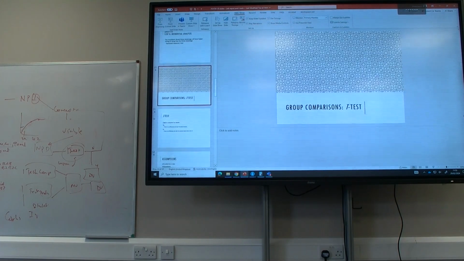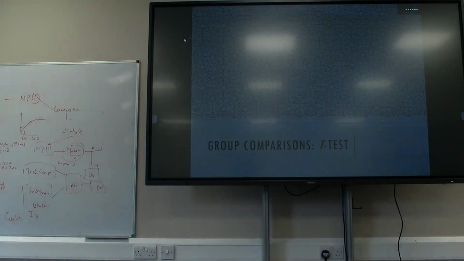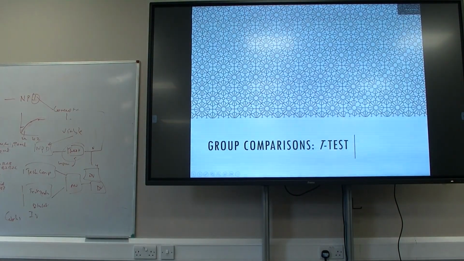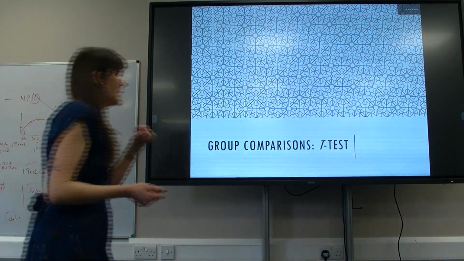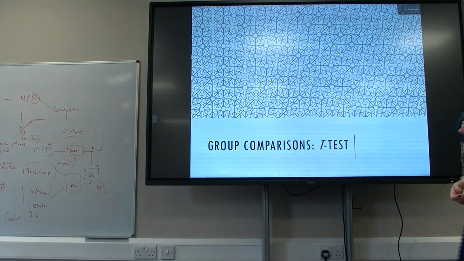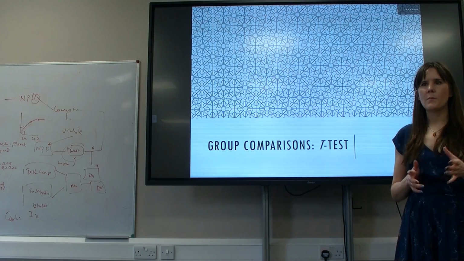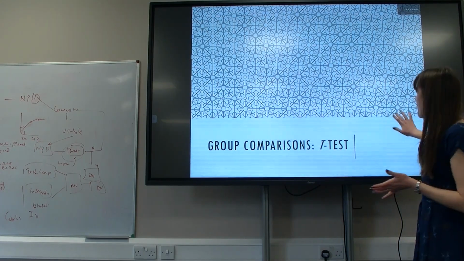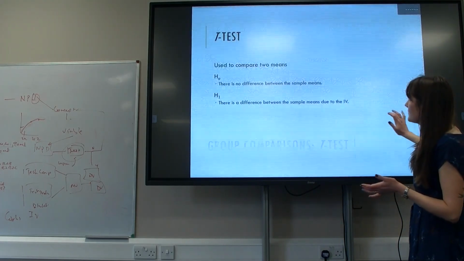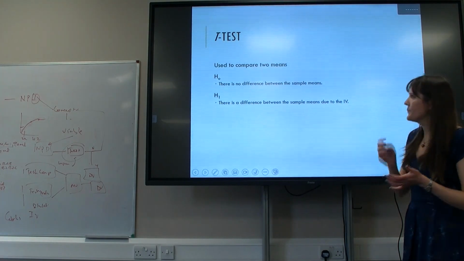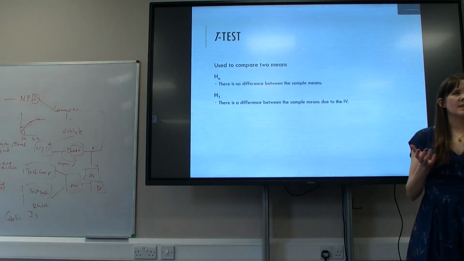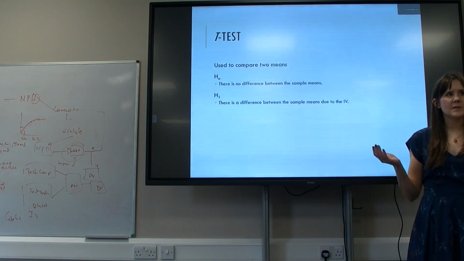Okay, so I'm just going to give you the theory about t-tests. A t-test is a statistical test that's used for comparing two means. The null hypothesis would always be that there's no difference between the two mean scores.